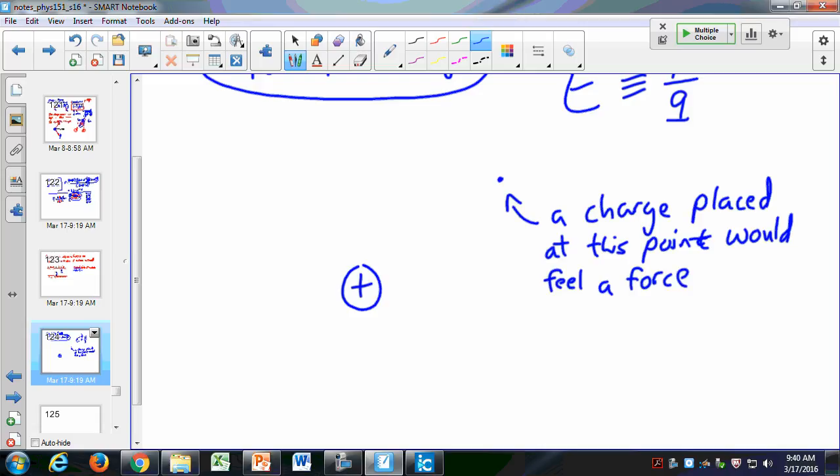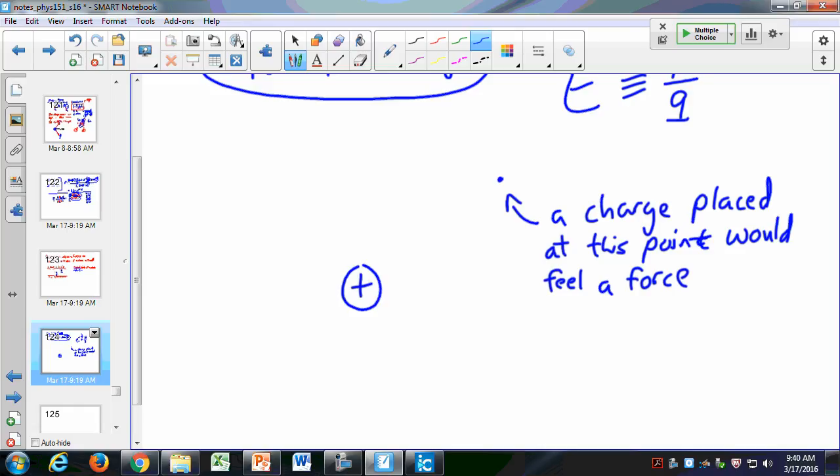And so since it would feel a force, we will say that there is an electric field here. The electric field isn't really something real. It's really just a mathematical tool that we make up to describe the force that a charge will feel at this point. Likewise, there's an electric field here.